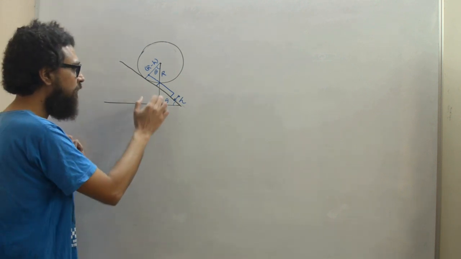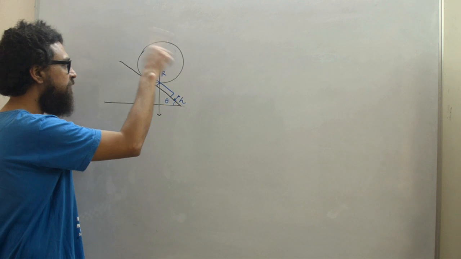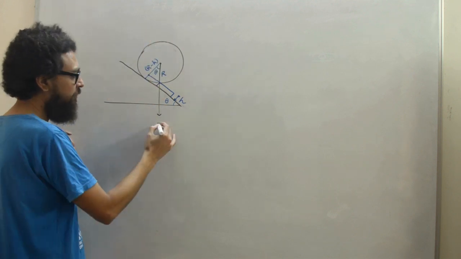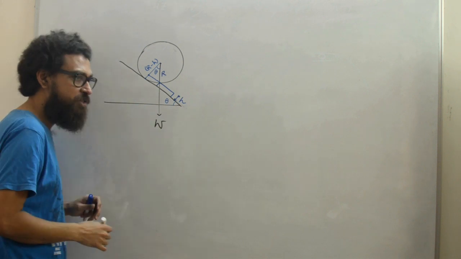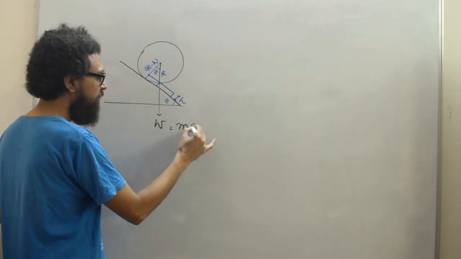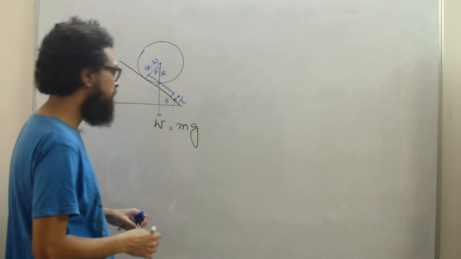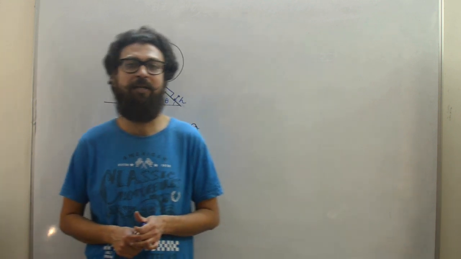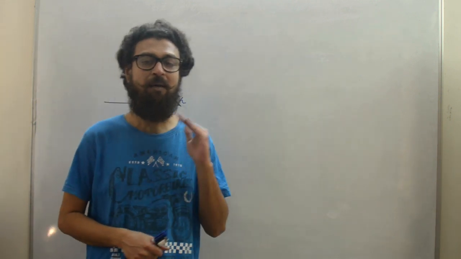This is the inclined plane of inclination theta. This is the sphere, and this line is the weight of the sphere, that is mg. If the mass of the sphere is m, then the weight is mg, and it is always vertical irrespective of the position or orientation of any extended body.